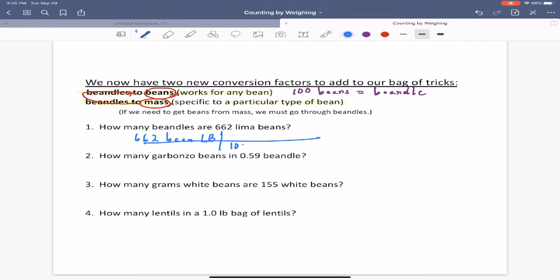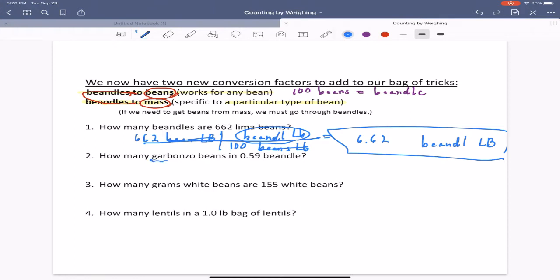Well, 100 beans is a beandle. And I'm talking about lima beans, so I'm adding that. Beans that are lima beans cancel, and I'm left with a beandle of lima beans, which is a grouping number, just like mole is a grouping number. And so I get 6.62 beandle of lima beans.